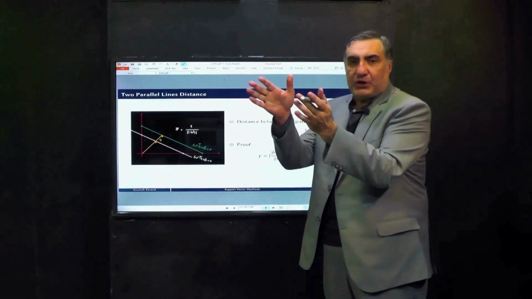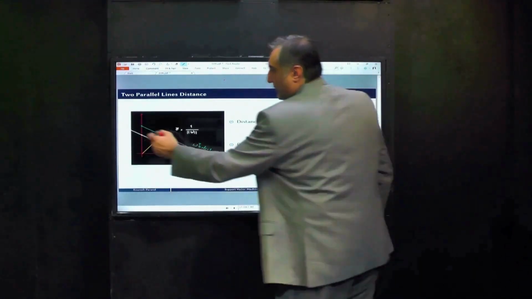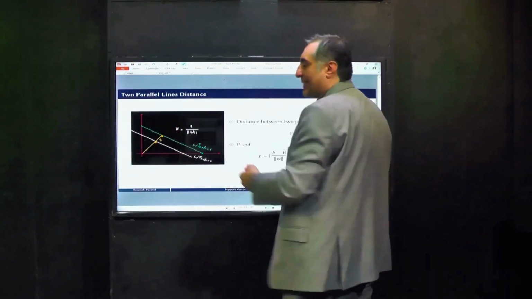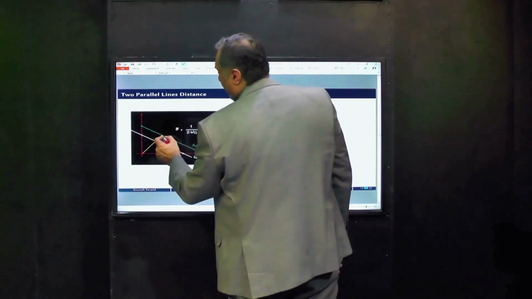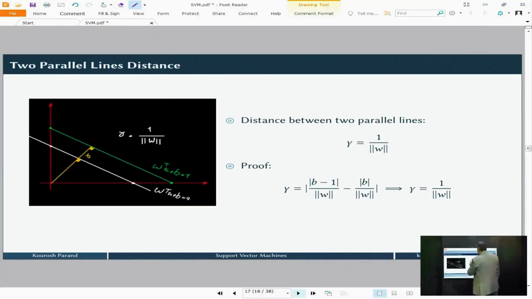Because I want to calculate the margin, it's like I have 3 lines, or 3 hyperplanes, to start with. Here, we also see the distance. We want the distance between 2 parallel lines or hyperplanes. Let's see how it works. It's really simple. I mentioned it here: is it the absolute value of b over the norm of W?